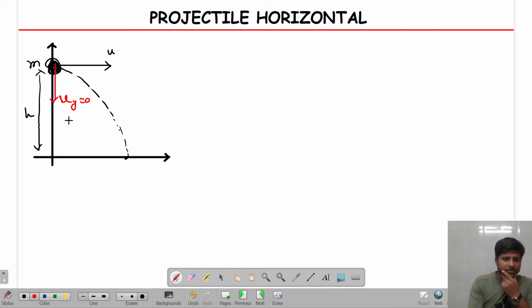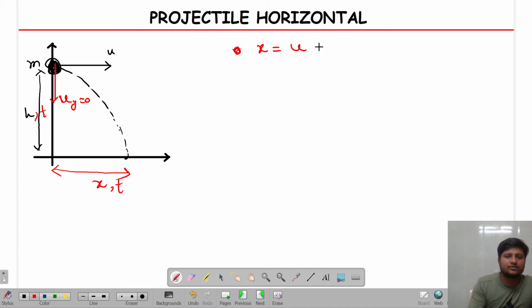What is the vertical initial speed? 0. So if vertical initial speed is 0, you know that the particle will have an x component. This x range will be traveled by the particle in some time t, while this height y will also be traveled in some time t. So for x, we know the equation. X is equal to how much? Horizontal speed u into time t. For the vertical case, what is the equation?